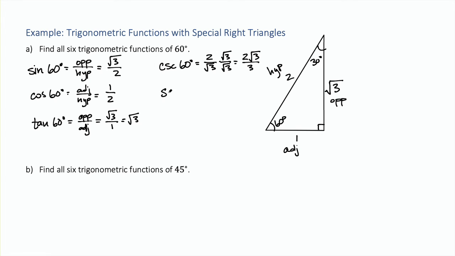The secant function is the reciprocal of the cosine, which is 2 over 1, or just 2. And the cotangent function is the reciprocal of the tangent function, which will be 1 over root 3. You can rationalize this denominator as well if you'd like. Multiply by root 3 over root 3, and we get square root of 3 over 3.